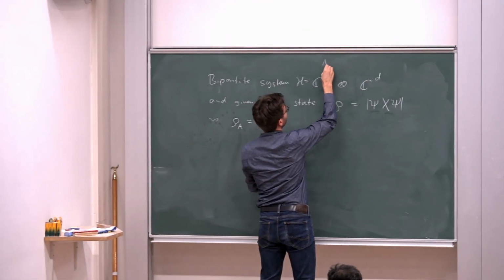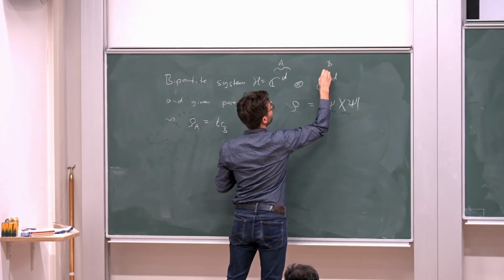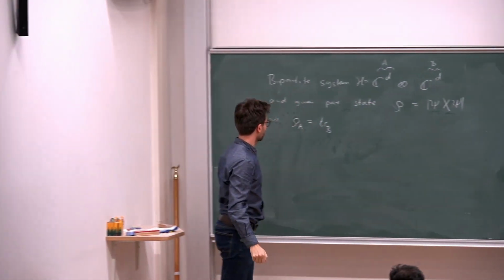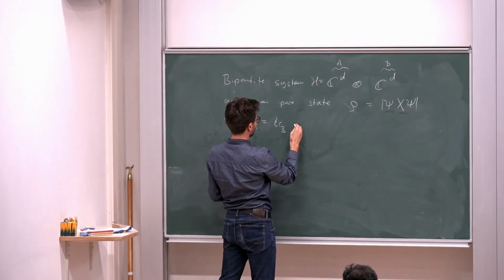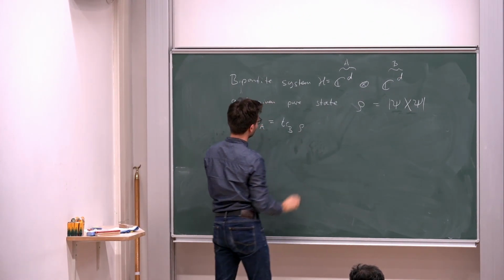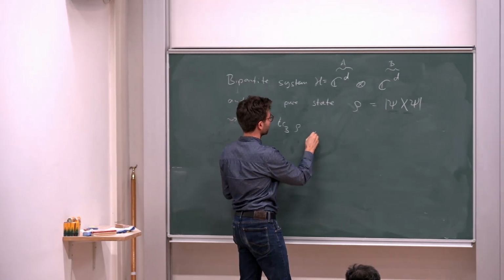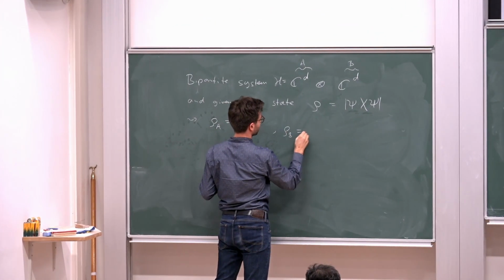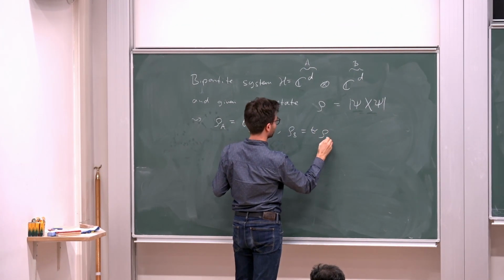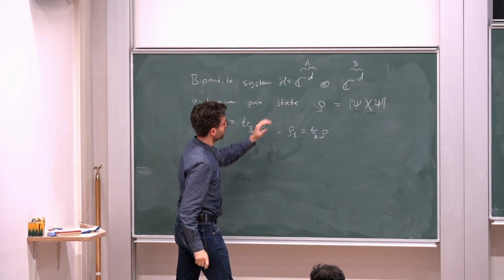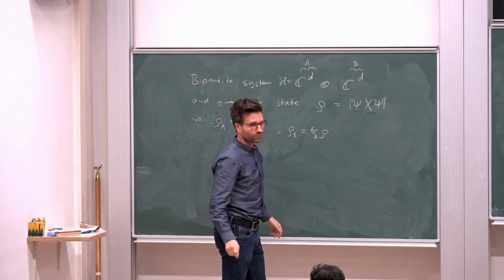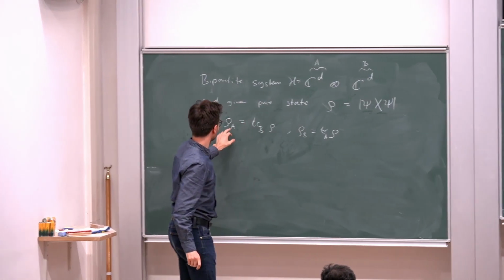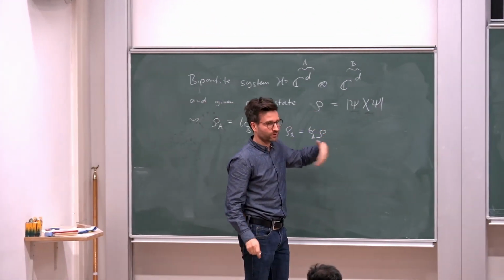Let's call this system A, and this system B. We take the partial trace with respect to the second one of this rho, and we get rho A, and vice versa, the partial trace with respect to the first one gives rho B. These, rho A and rho B, are in general mixed states.